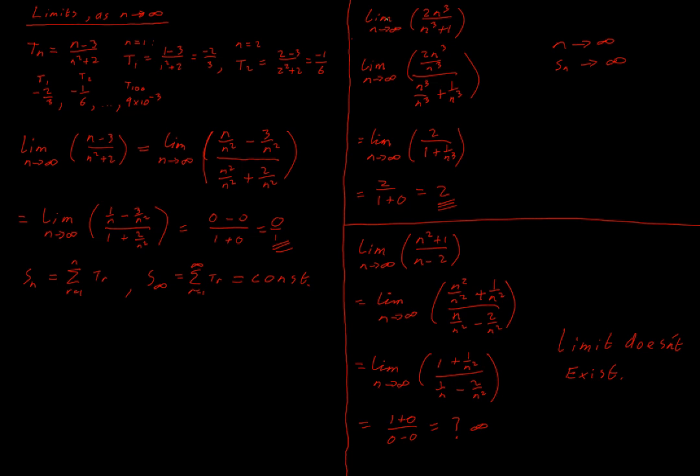Or we could end up with the sequence itself tending towards a constant number like 2, which means that if we get t of 1,000 or t of 10,000, we end up with both of those terms being very, very close to 2. Or we could end up with the limit not existing at all, because our Tn just keeps growing to infinity. And that's what we need to know for limits of our terms tending to infinity, and we will deal with these in a little bit more detail at a later time in the course.